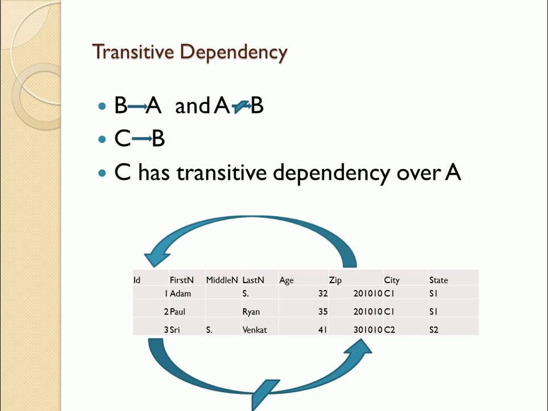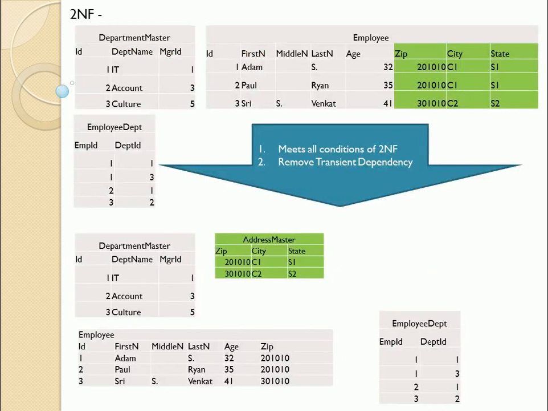B is dependent upon A, but A is not dependent upon B. In addition to this, our other address columns, city and state, have a dependency on zip code. So city and state are column C, and C has a dependency over B. So we can say our address columns city and state have a transitive dependency over column ID.